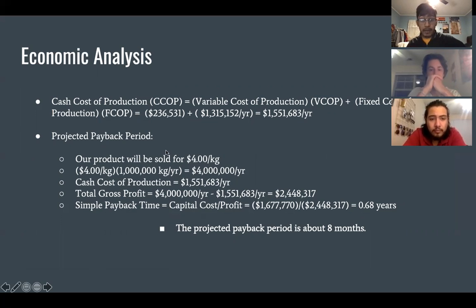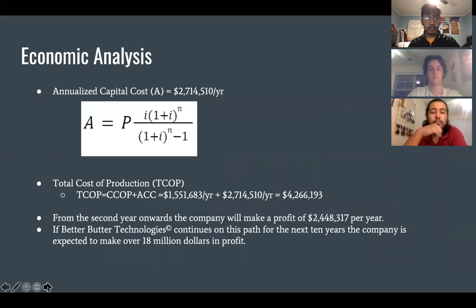Our projected payback period was calculated by finding the total amount of margarine sold per year, which is $4 million per year, subtracted from our cash cost of production, which gives us our total gross profit of over $2.4 million per year. And the simple payback time was calculated as 0.68 years, which is roughly 8 months.